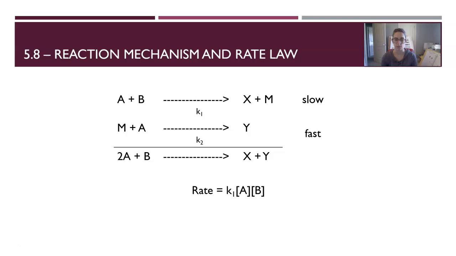So that's how you write the rate laws for elementary reactions, and reaction mechanisms are made up of the individual elementary reactions. So since our slow step is our first one, that means the rate is K, which is the rate constant for that particular elementary reaction, times A raised to the first power because the coefficient is 1, times B raised to the first power because the coefficient is 1.